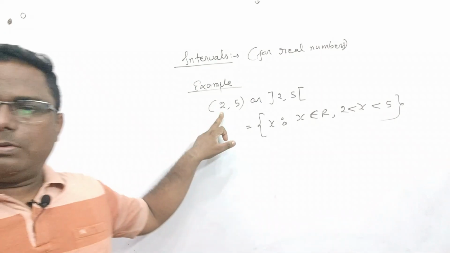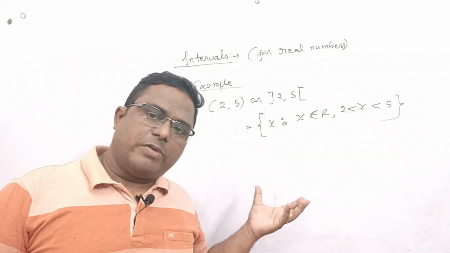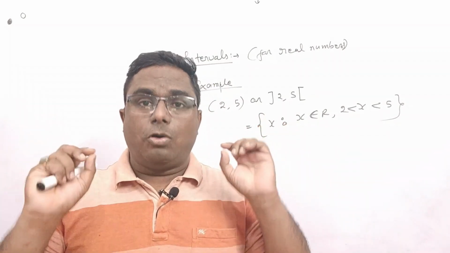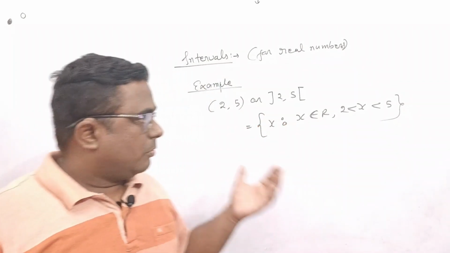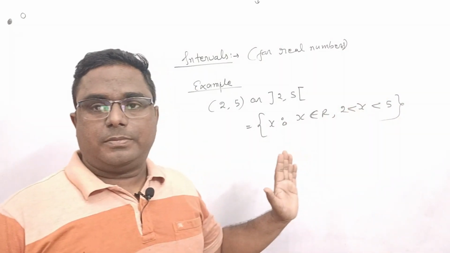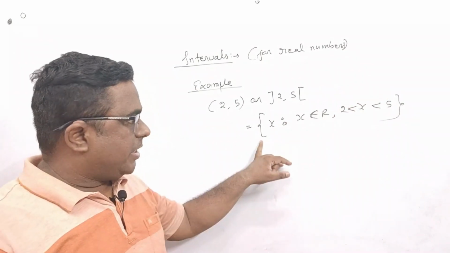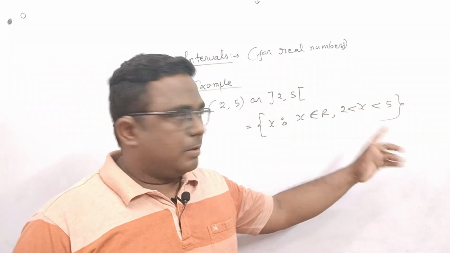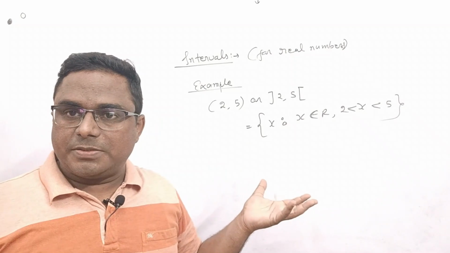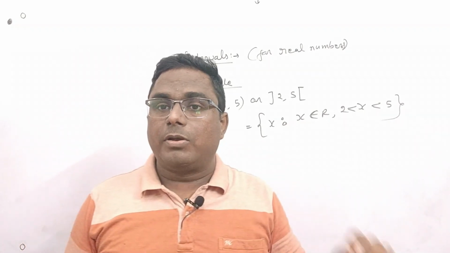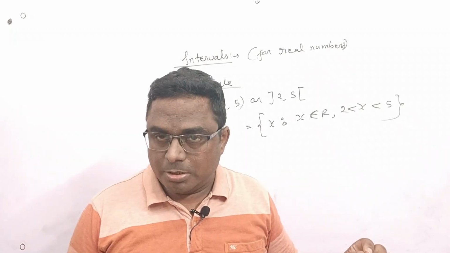When I write or when I say open interval (2, 5), it means I am considering the set of all the real numbers which are greater than 2 but less than 5. How many elements are present in this set, if I ask you? In this set, actually infinite number of elements are present.